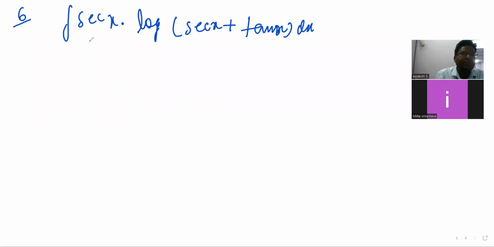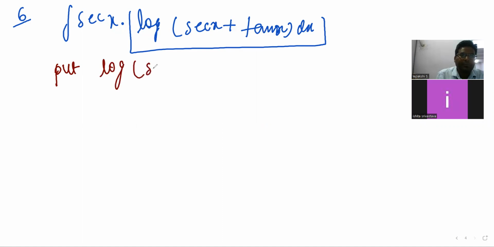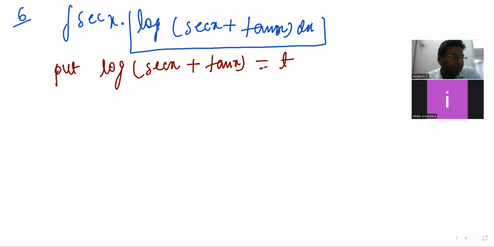Now see the next sum. Integration sec x into log of (sec x plus tan x) dx. So this part you have to put as t. So put log of (sec x plus tan x) equal to t. Now differentiate with respect to x, differentiating both sides.